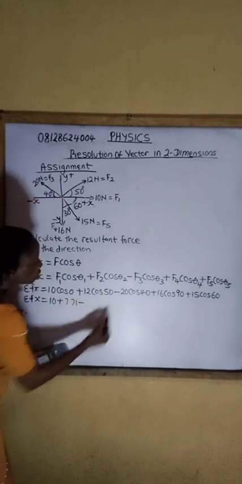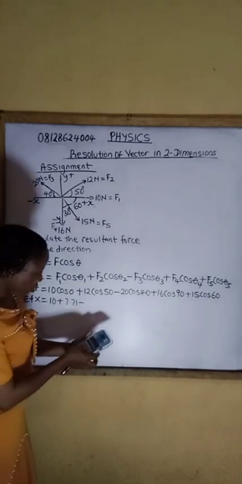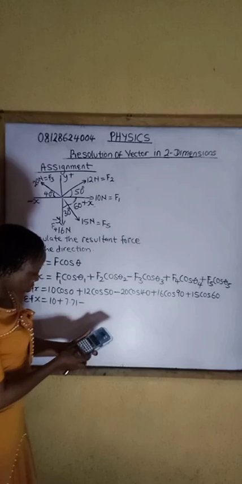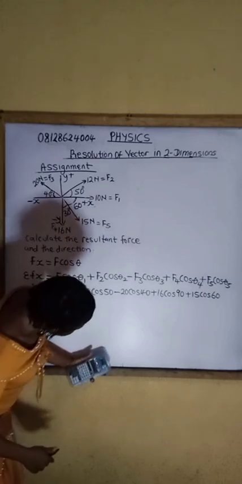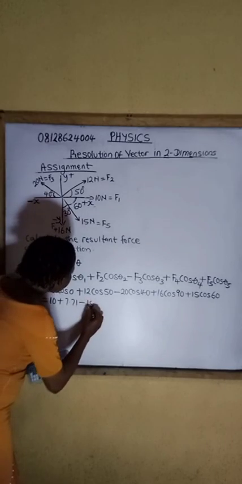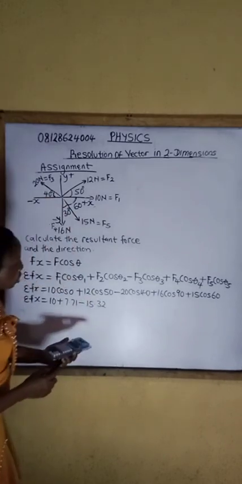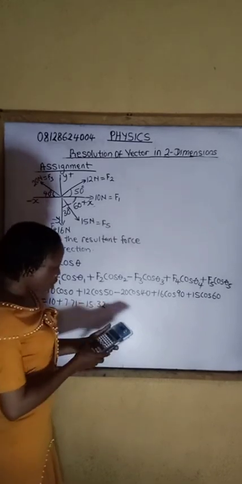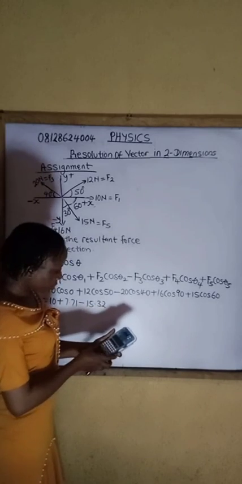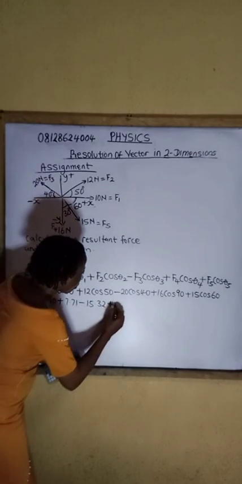Then minus cos 40 multiplied by 20. That is 15.32. Then followed by cos 90 multiplied by 16. That will be 0. Cos 90 multiplied by 16 will give us 0 plus 0.